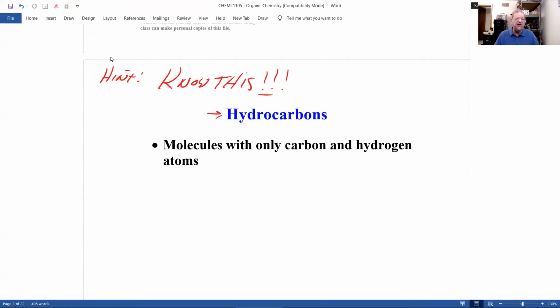The first one is hydrocarbons. What are hydrocarbons? Those are molecules with only carbon and hydrogen atoms. So if I say hydrocarbon pollution, I'm talking about molecules that only have carbon and hydrogen atoms. And that is a source of pollution that's causing global warming, hydrocarbons.